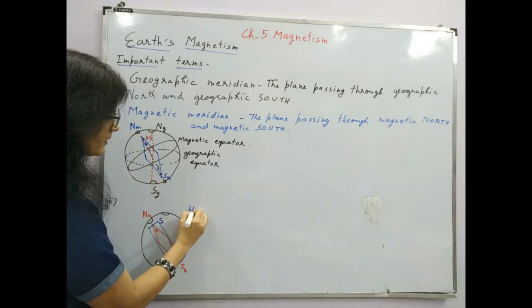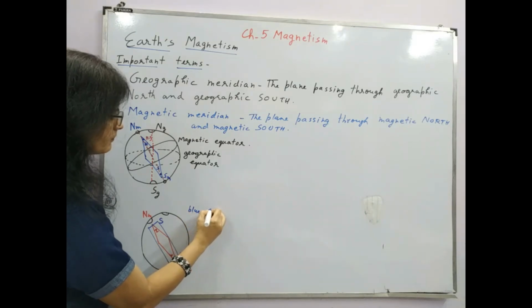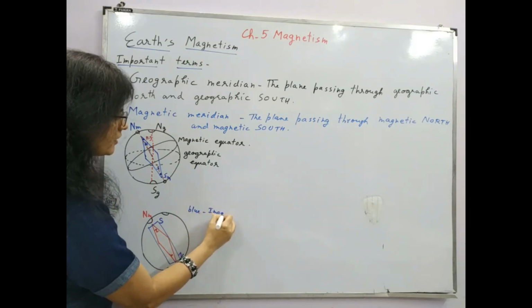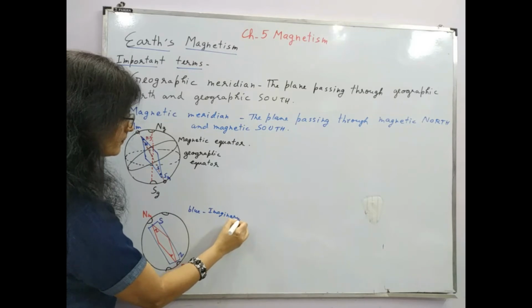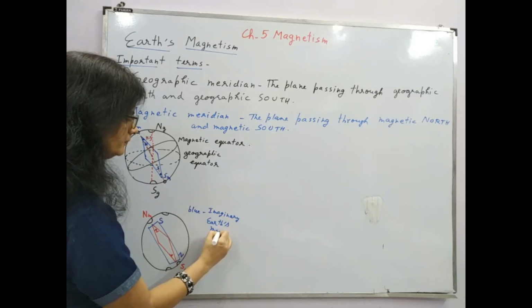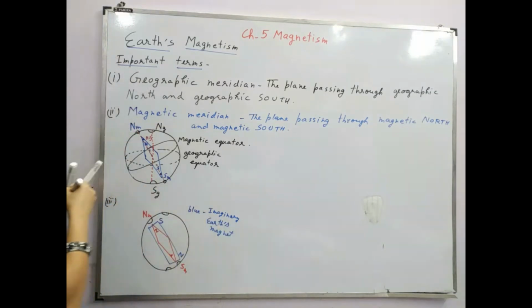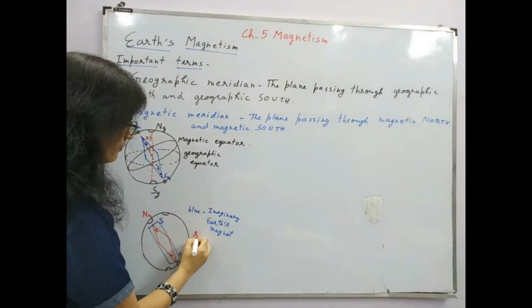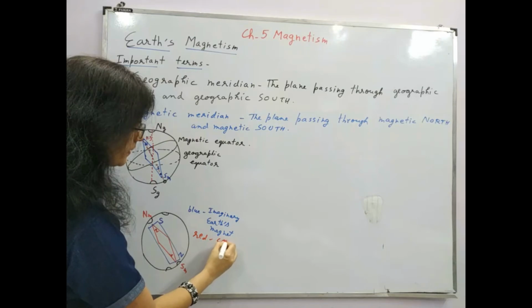So you can say here that blue is the imaginary Earth's magnet, and red is the compass needle.